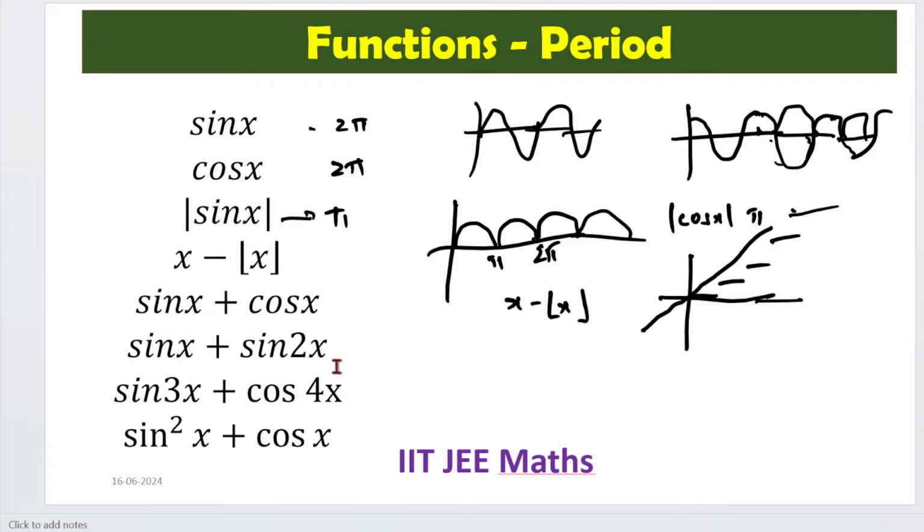We get the period to be one, because at one we get zero. Even if we consider two or something like that, we'll still get zero. Excellent. So the period is one.